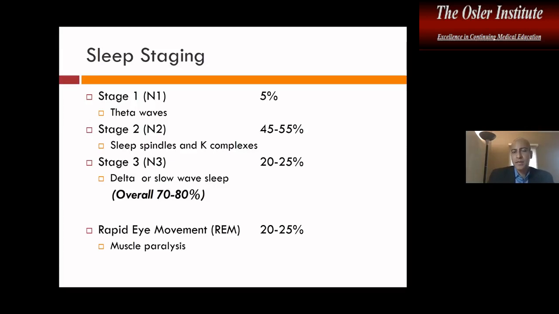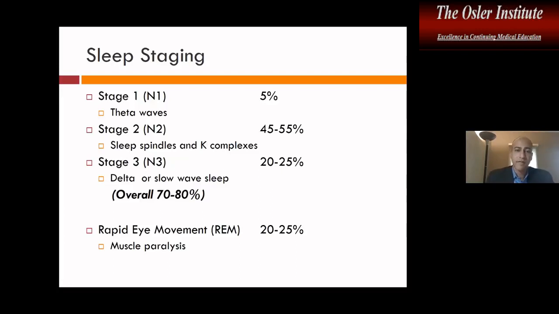So again, this is an important slide to commit to memory and understand the buzzwords that are associated with certain stages of sleep. One stage that's not really listed here is the pre-stage 1 or pre-sleep stage, which is called relaxed wakefulness. That's when you're starting to fall asleep, or you're starting to get very relaxed.